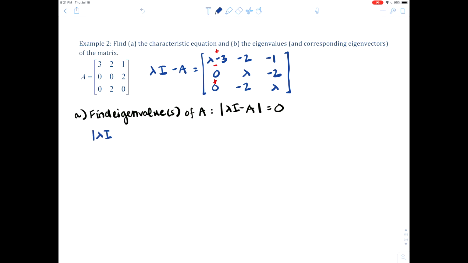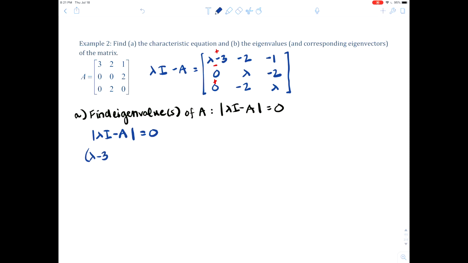All right, so here we go. Lambda times I minus A, and that equal to 0 will be, well, we just found lambda times I minus A. So to find the determinant of that, what do we do? We're expanding about that first column.